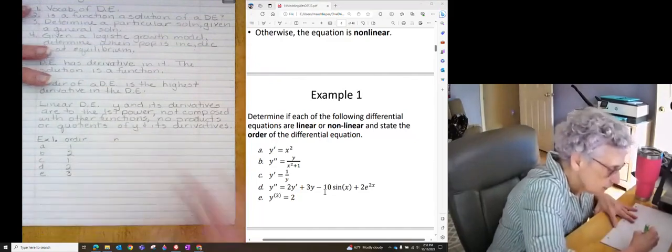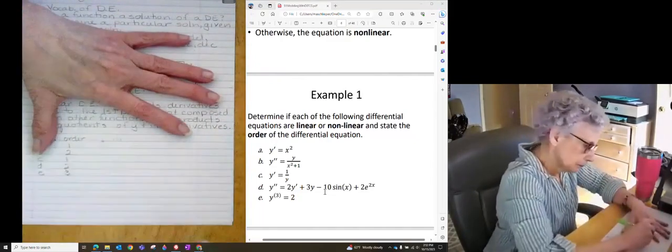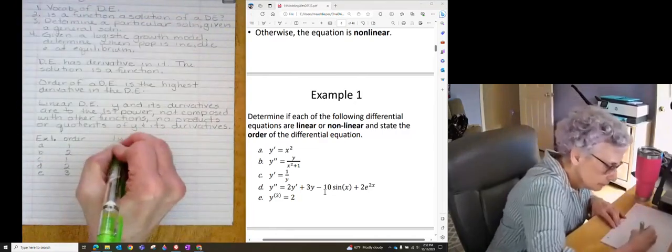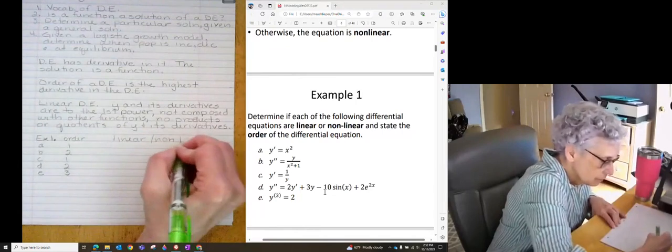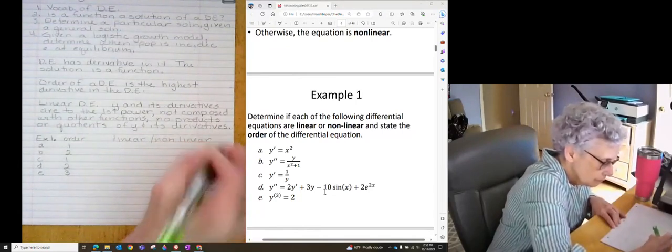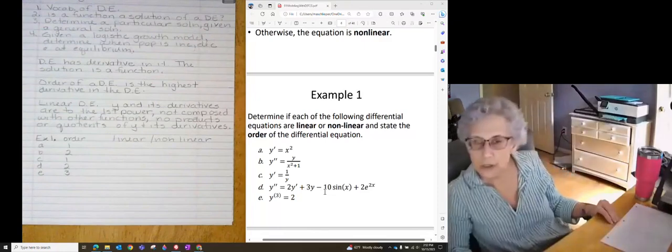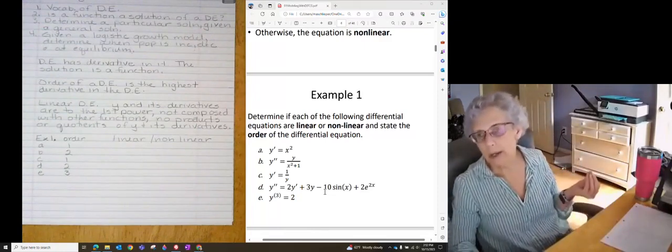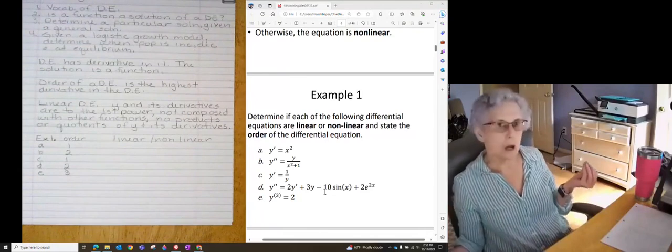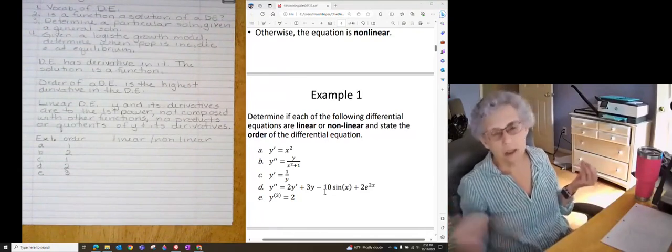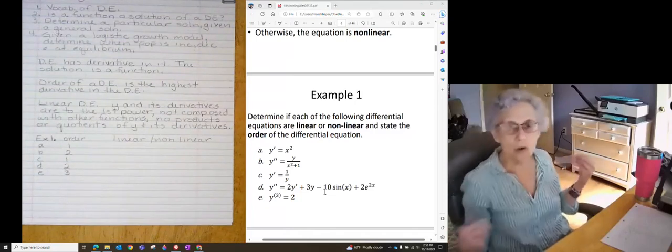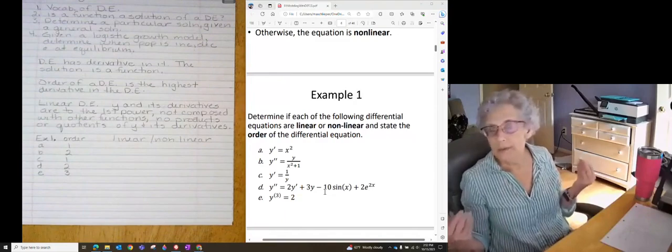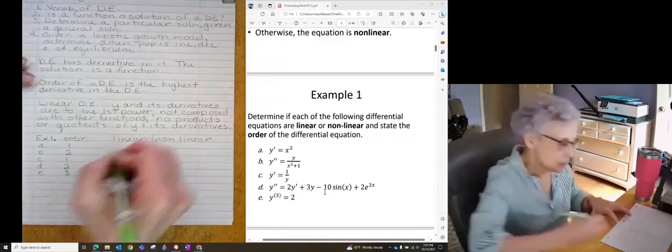Now, linear versus nonlinear. So, the first one there, we have y primed. It's not raised to a power. It's not composed with another function. It's not a product or in a quotient with y or any of its derivatives.